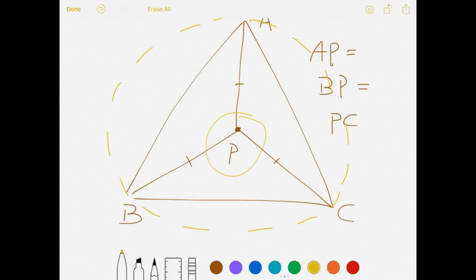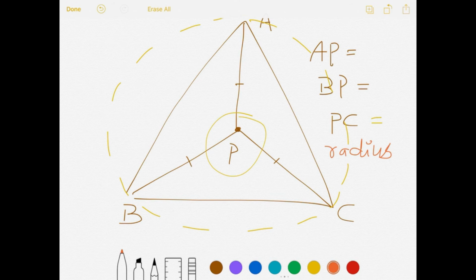That is why the point P is known as the circumcenter of this triangle ABC, where AP is equal to BP is equal to CP. And in this case, this AP or BP or PC is the radius of the circle. If you look very carefully, that is the radius of the circle that I have drawn here.